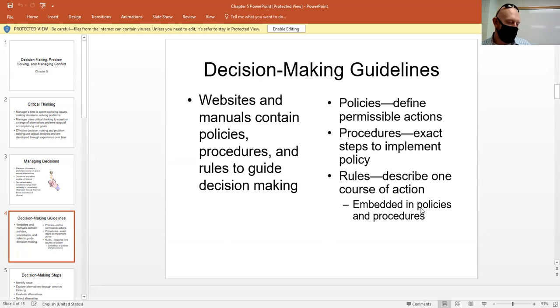And I'll tell you, most facilities have P&P manuals, or what they're called, and they cover policies and procedures. If this happens, this is what we do. And it's a whole book of policies and procedures. And they have that manual at most facilities.